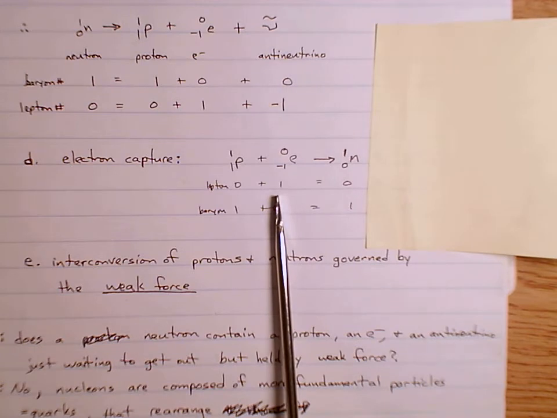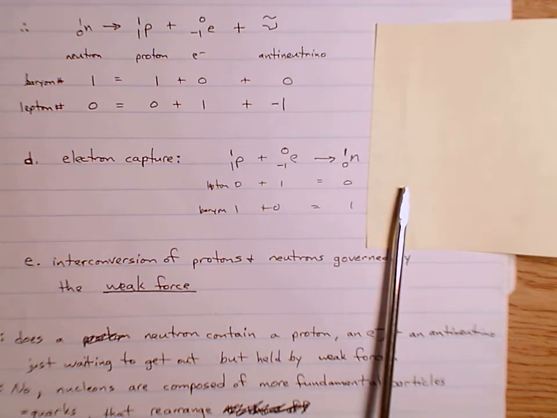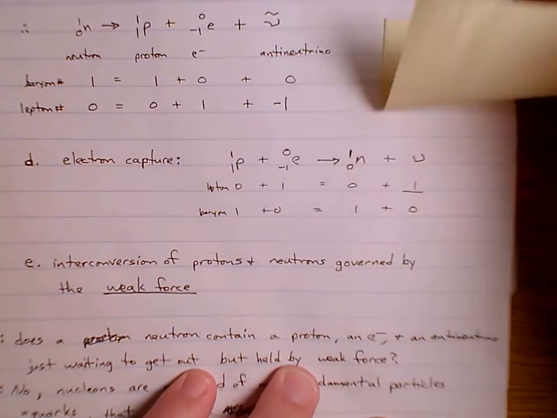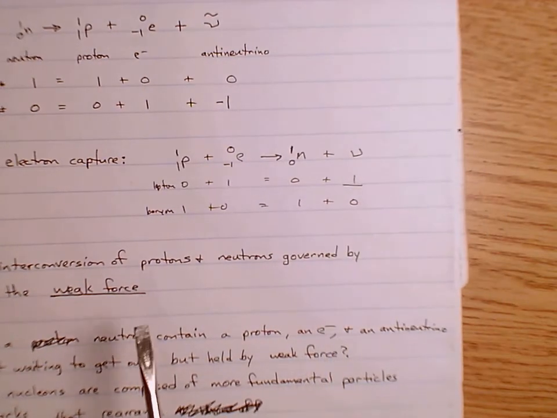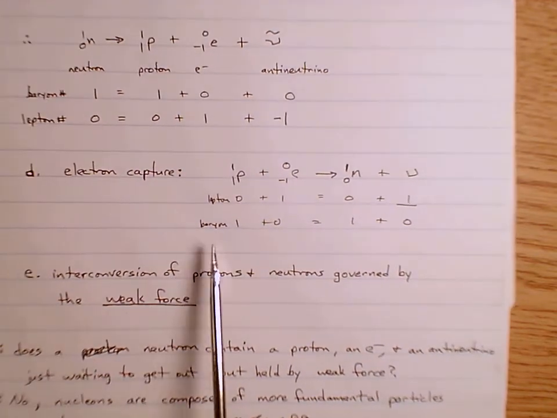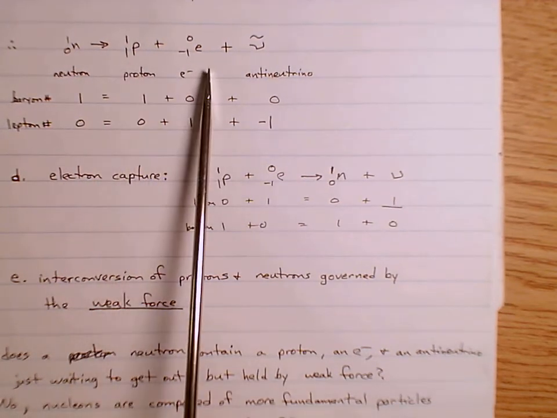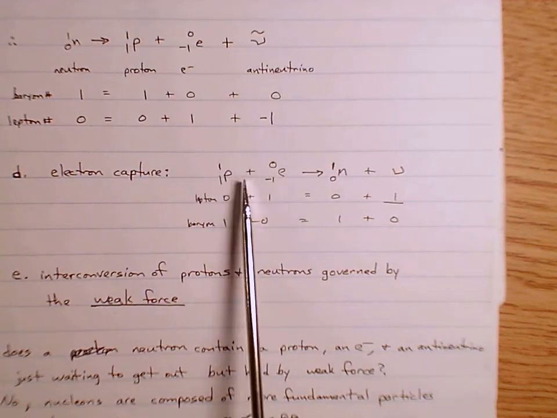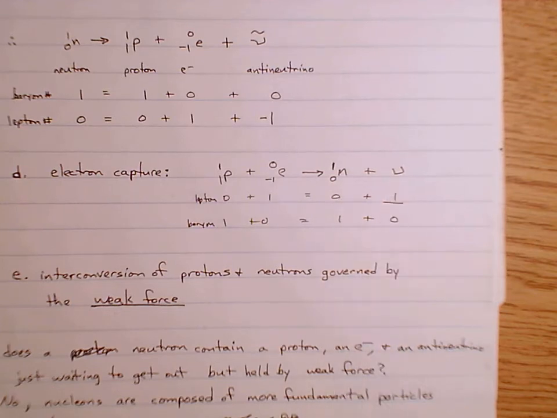Well, if we have 1 lepton here, we need a 1 over here, so whatever's given off has to have no mass, but have a lepton number of 1. That would be just a regular old neutrino. So, what we have found is when neutrons get converted into protons, they give off beta particles and antineutrinos. When a proton undergoes electron capture to form a neutron, it gives off a neutrino.